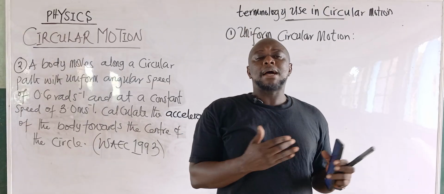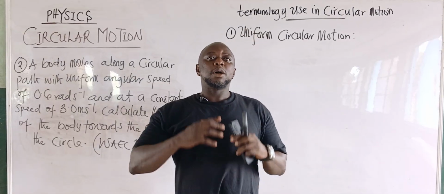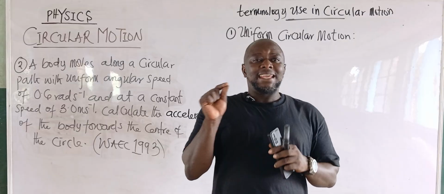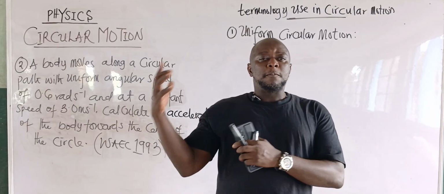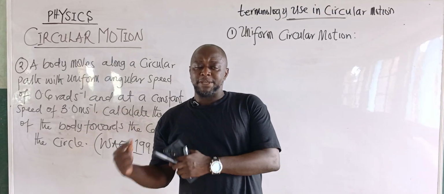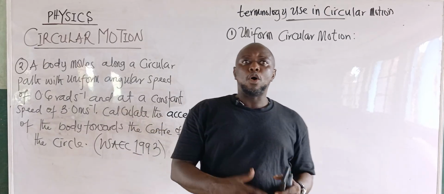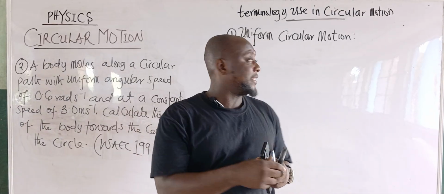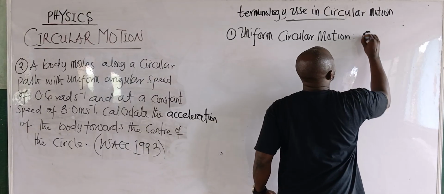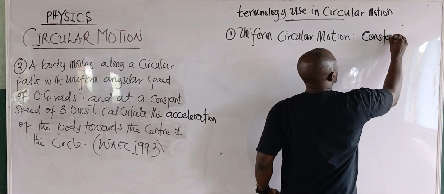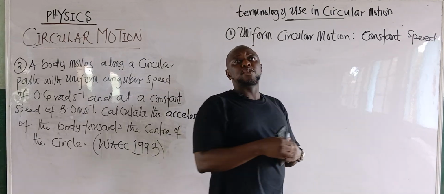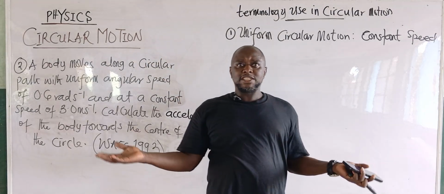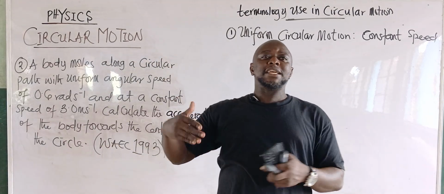We said this can be defined as the movement of an object in a circular path or in a circle with constant speed. So this one talks about constant speed. Why circular motion? There's no constant speed. The speed changes.